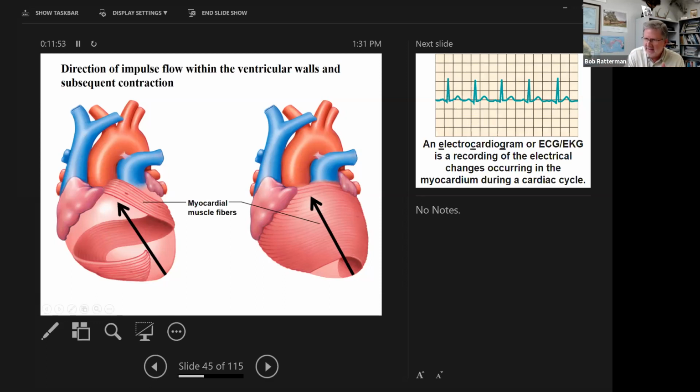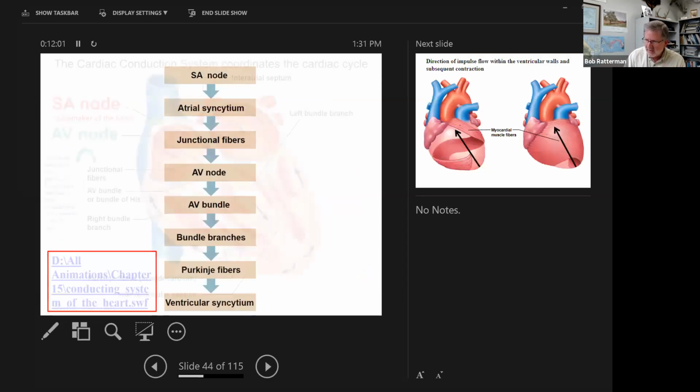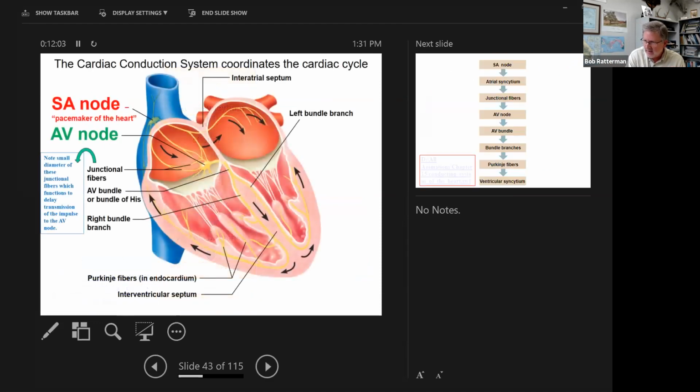And the reason that this patterning is kind of interesting and important is because when the ventricles go to contract, once the impulses get down to the apex and then they start working their way up into the ventricle walls, we know that that's going to result in contraction. Well, the contraction begins here in the apex and it works its way northward, if you will, just like the impulses, start here and then they work their way up into the ventricle walls.